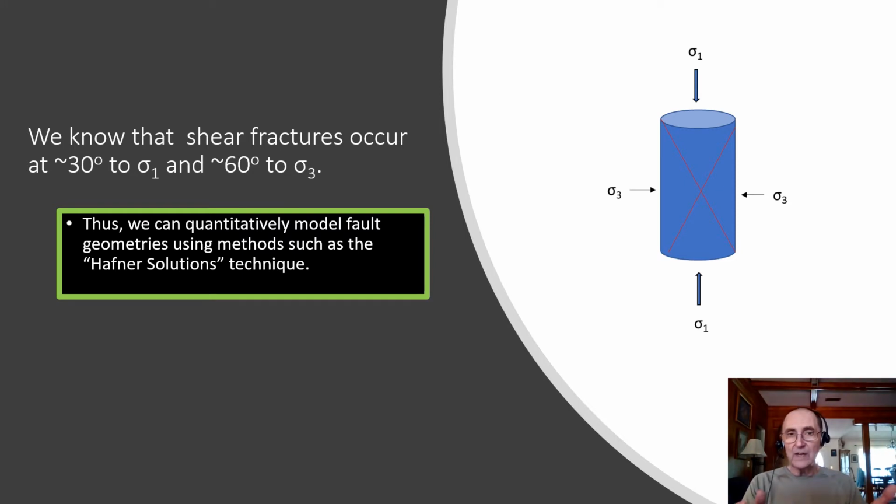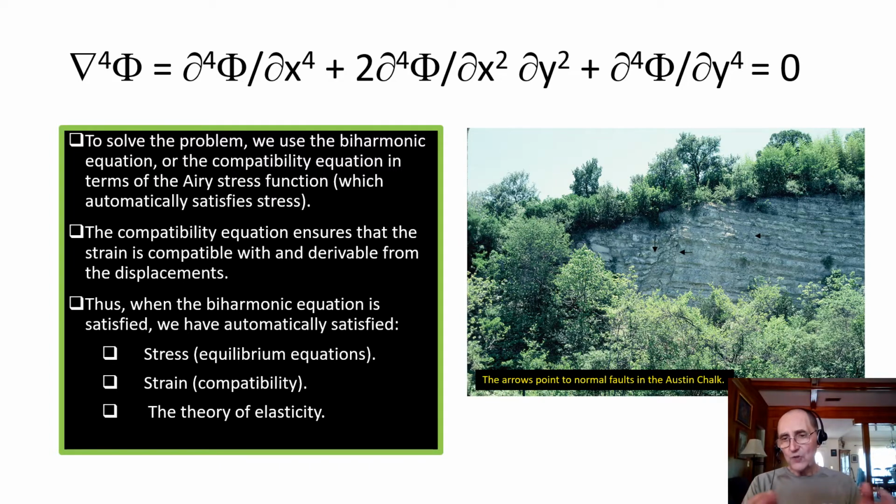Therefore, we can quantitatively model fault geometries using methods such as the Hafner solutions. To solve the problem, we use the biharmonic equation, which is the equation that is shown above. The biharmonic equation is the compatibility equation in terms of the Airy stress function.